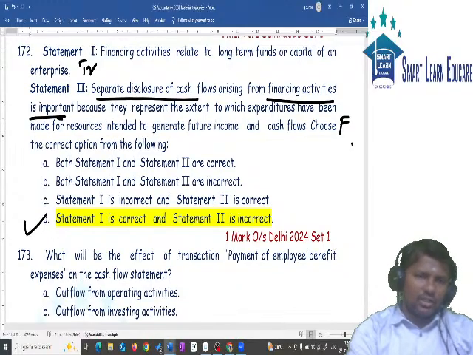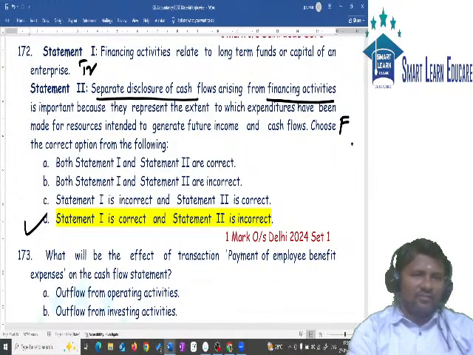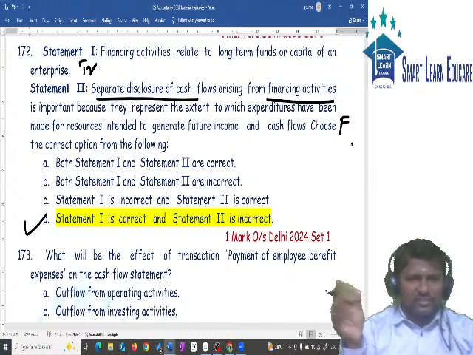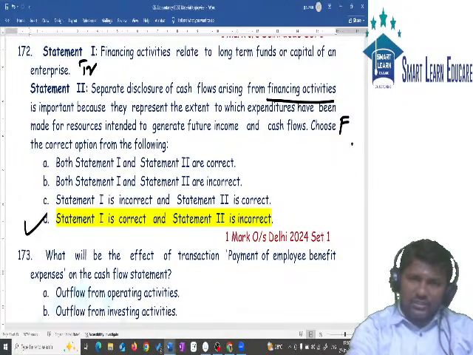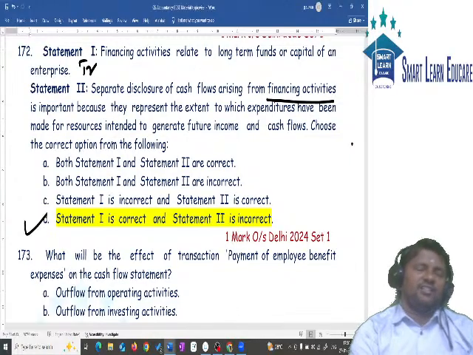Not only financing activity, all the activities are important. Investing activity will tell how much investment you made in the business, that is also important. This statement is false because they are telling that only financing activity is important. Not only financing activity, all the three activities are important.